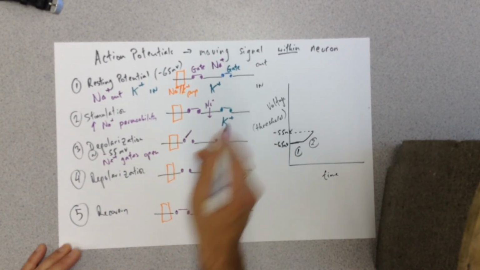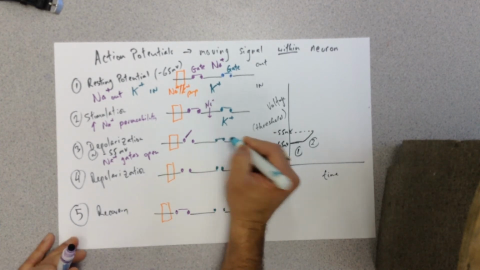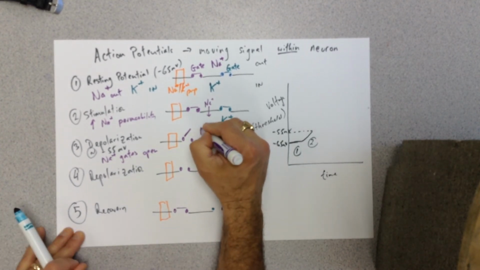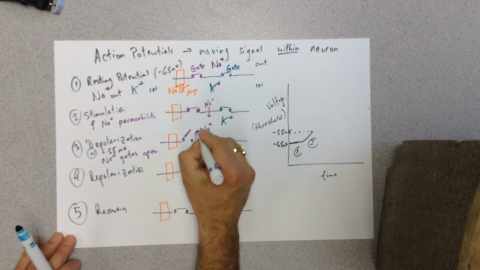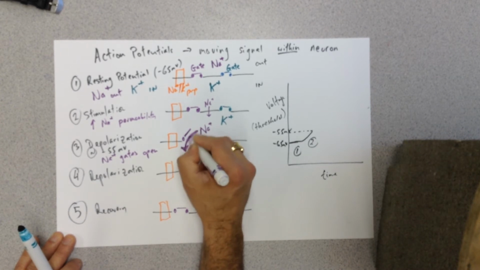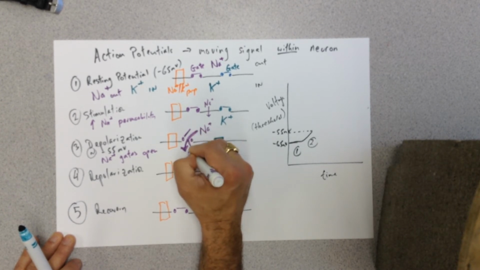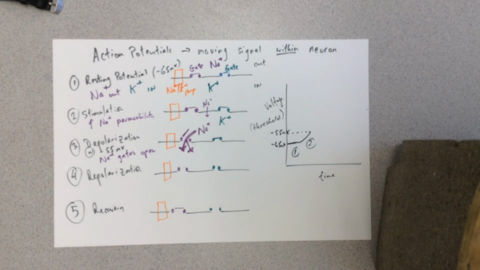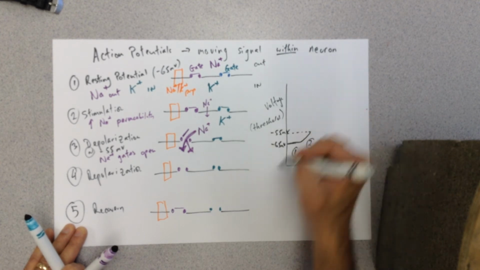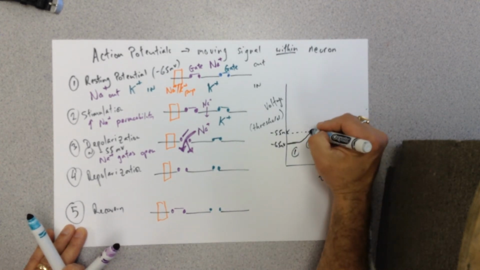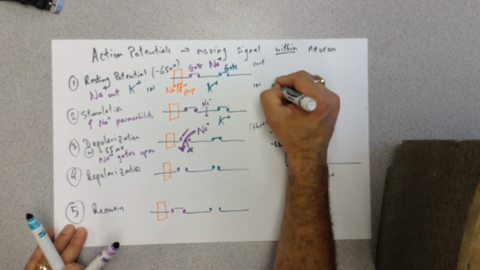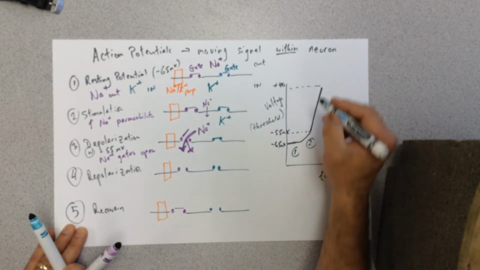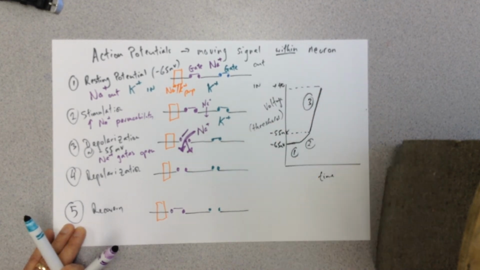So here we have our drawing. We have our sodium gate open, potassium gate is still closed. We have a big concentration of sodium on the outside. We've opened a passageway for it to travel, and lots of sodium floods into the cell. So we have a big pile of sodium moving in. That's going to cause our voltage, because we've added a whole bunch of positive charge to the inside, to move up very rapidly. And that happens up until about plus 40 millivolts. So that's number three on our diagram, that's depolarization.